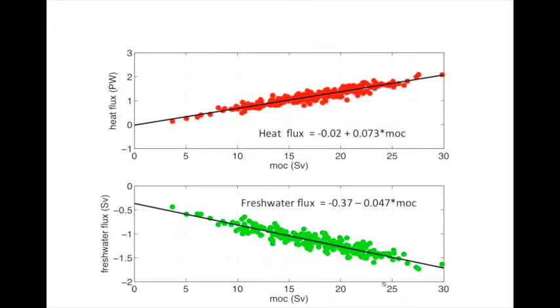So anything that's not associated with the MOC, variability in the horizontal flux would be in there. I did try and correlate the residuals with the gyre circulation, with the strength of the gyre, but that didn't work.